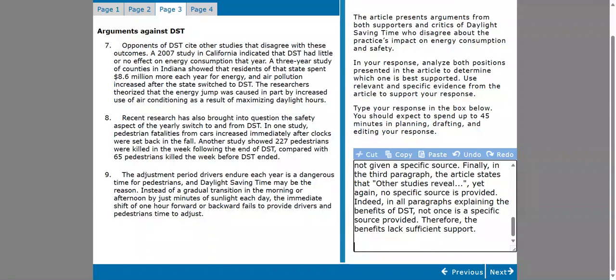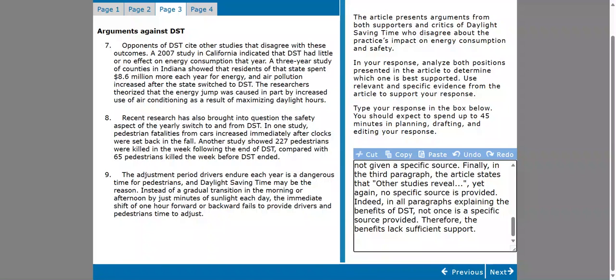The researchers theorized that the energy jump was caused in part by increased use of air conditioning as a result of maximizing daylight hours.